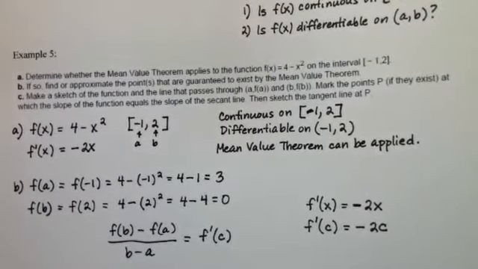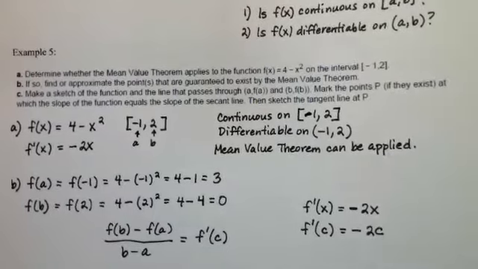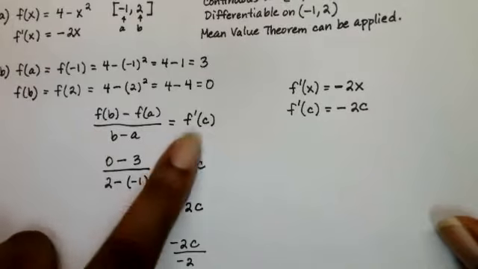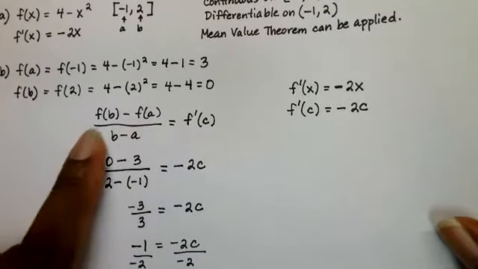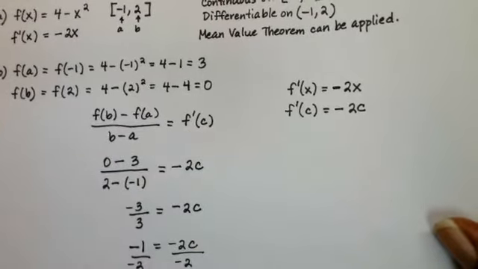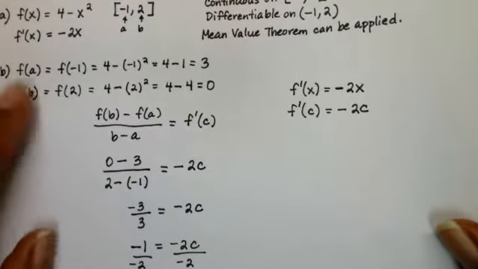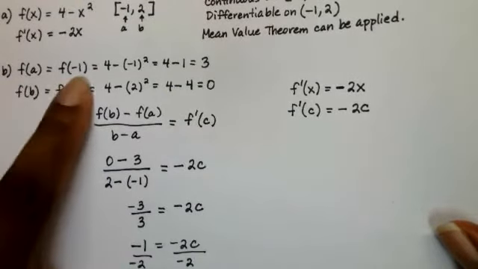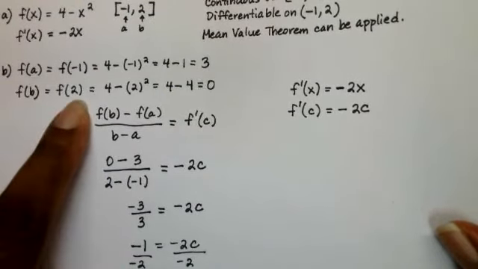value or the points that are guaranteed to exist by the mean value theorem using this relationship, because I had to find out what value c such that f of b minus f of a divided by b minus a would be equal to f prime of c. And here I found out what f of a and f of b were. In this case, a was -1 and b was 2.